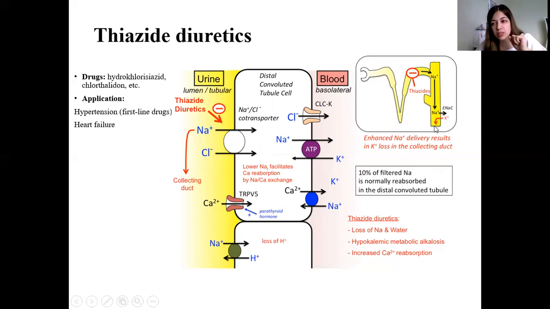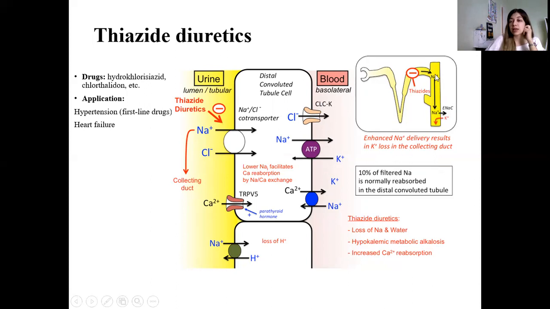So a lot of potassium will go out. And again, it will make the loss of potassium. So what will be the results? Loss of sodium and water, obviously, because less reabsorption, but also hypokalemia again.